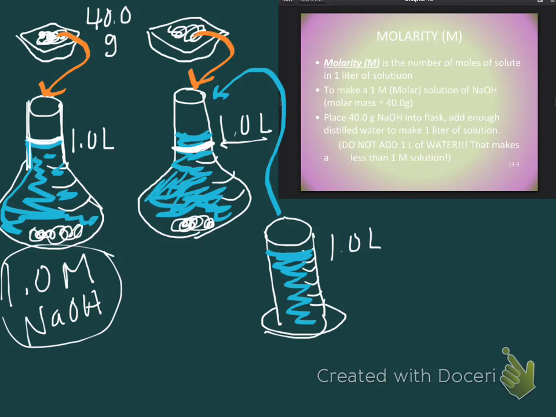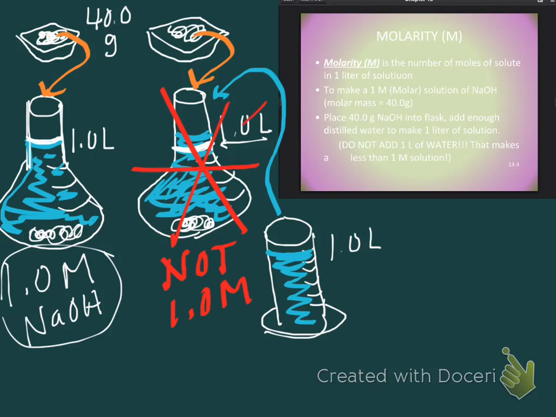This is not a 1 molar solution here. This is absolutely not a 1 molar solution. Not 1.0 molar. Because I've got more than a liter of solution. It seems like a really subtle distinction, but that is the mistake you are most likely to make.